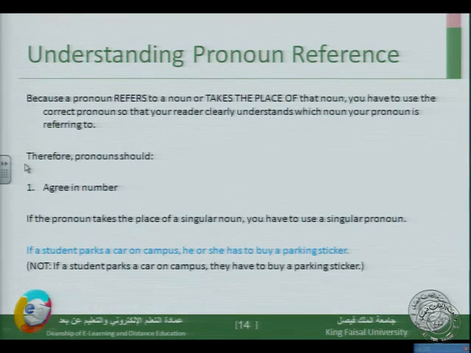Anyway, the fourth one is understanding pronoun reference, and this is a very popular question. In your final test in a reading section or reading comprehension, they ask you, this pronoun refers to what? So we want to learn this strategy to know how pronouns refer to nouns.